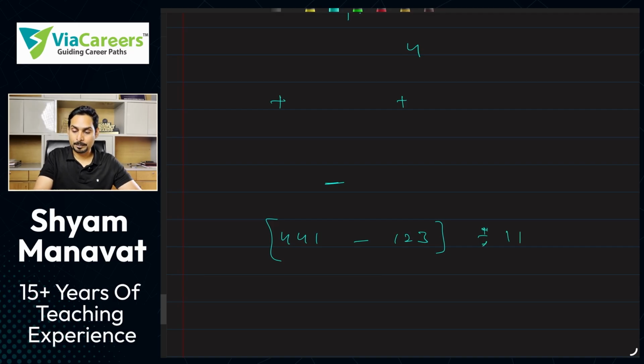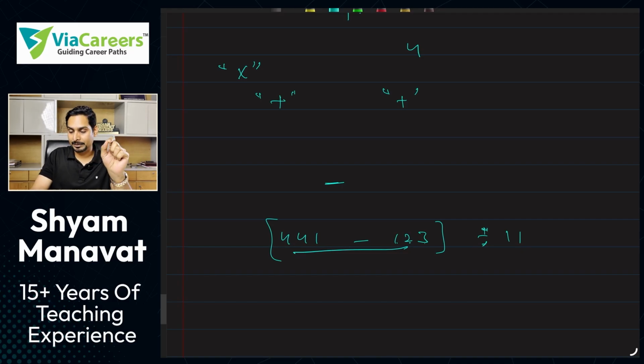Okay, so the product case for sure, and the majority of the time you will get the product case, because you can add or subtract anyway very easily. It will be easy to subtract 441 and 123, get the result, and then divide by 11. It's easy, right?